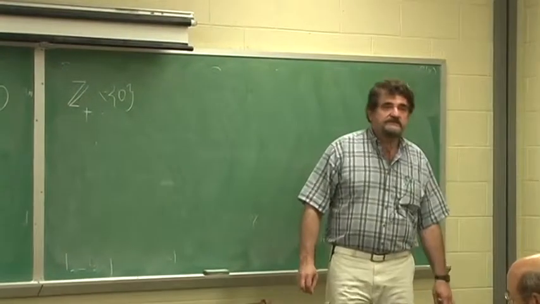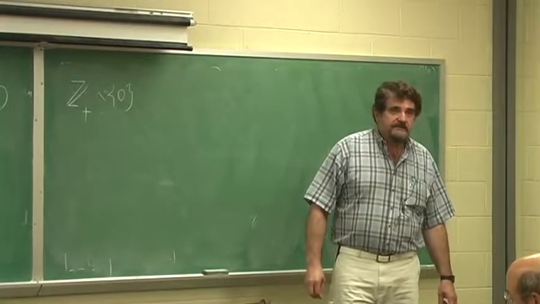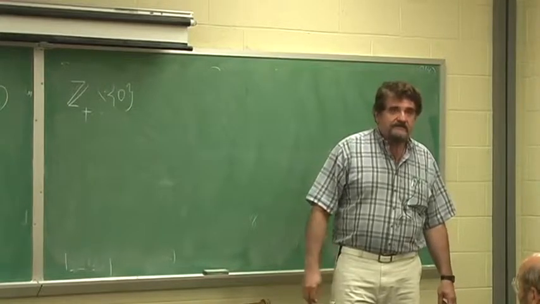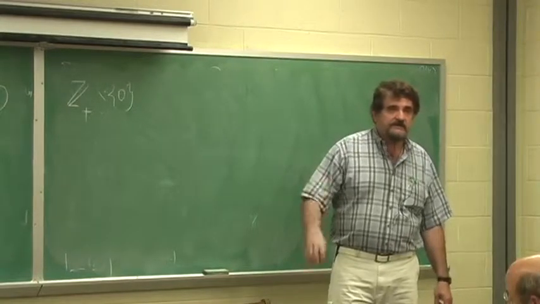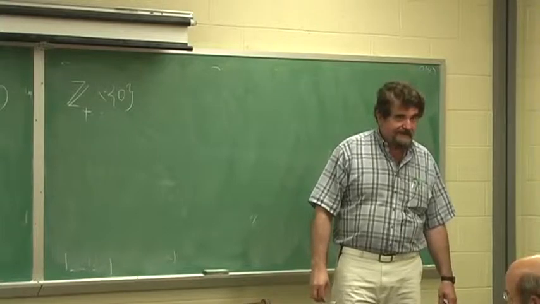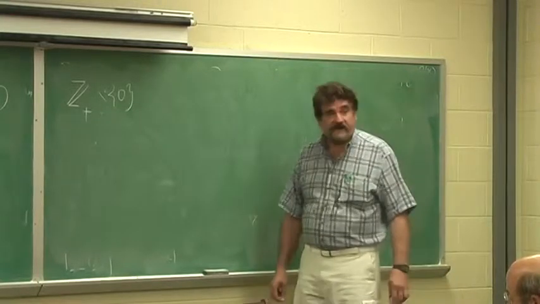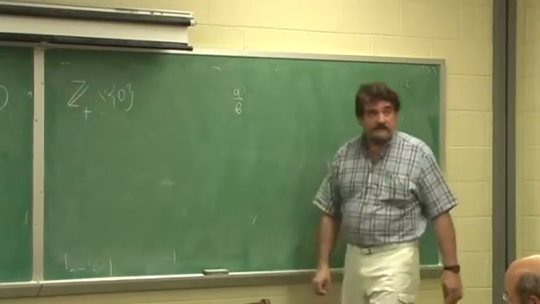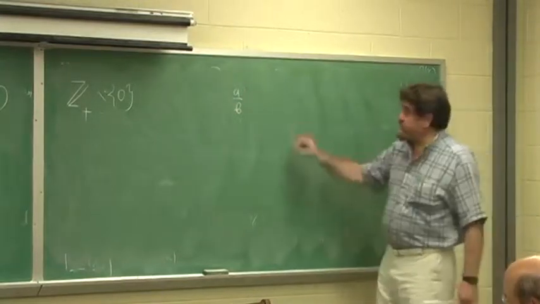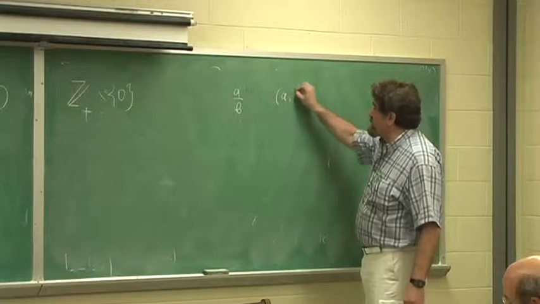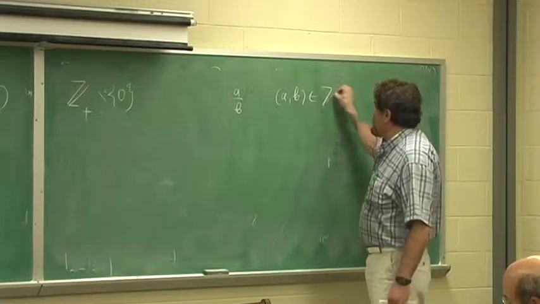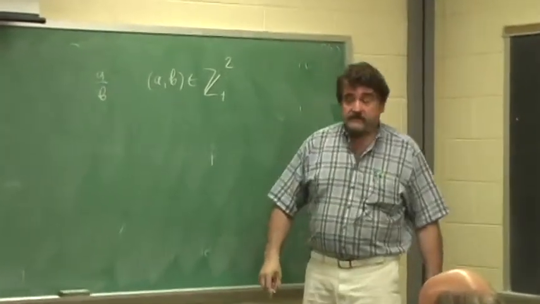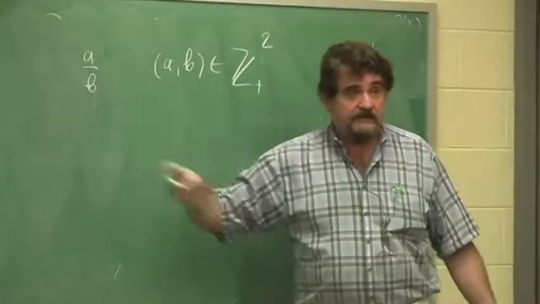So what did we do? We introduced, not we, but people who wrote the tablets introduced the ratios or the fractions. What is a fraction? A over B. We write it this way. But actually the fraction is a pair. If you know A and B, you know a pair.